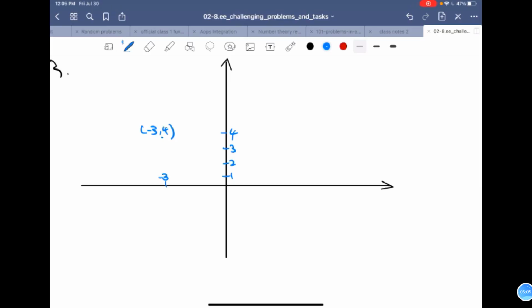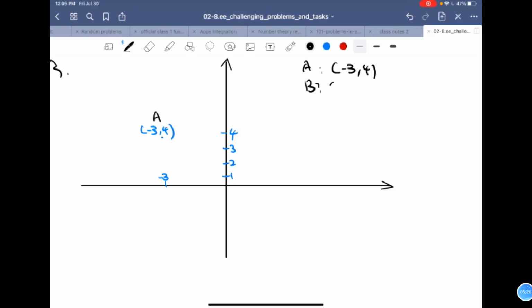Just a random question. If it's (-3, -4), how would you describe the transformation from, say, this point A to point B? I'm just gonna label it. Point A is (-3, 4).